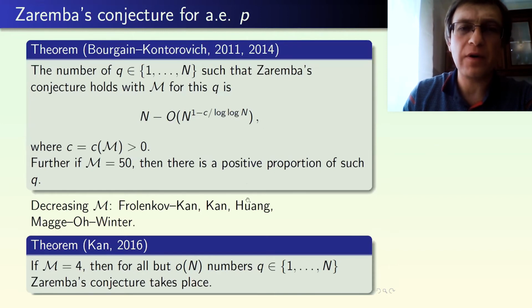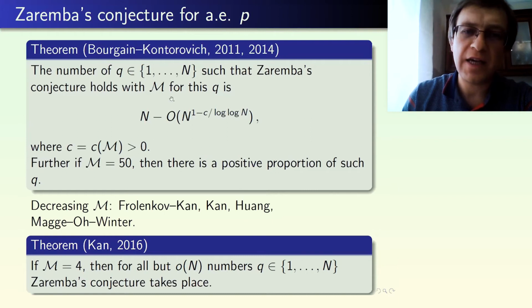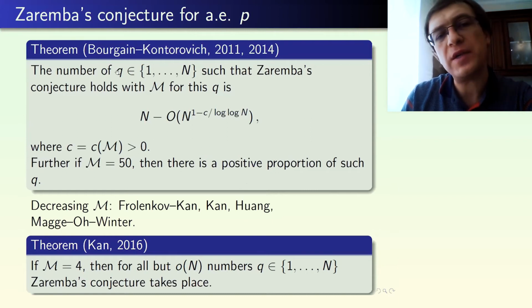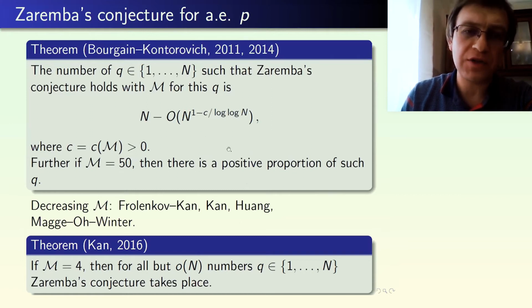For example, let me mention a beautiful theorem of Bourgain and Kontorovich, who showed that Zaremba's conjecture holds true for almost every q from 1 to m: all but this number of q satisfy the Zaremba conjecture.